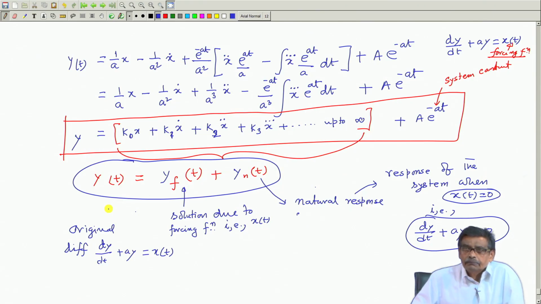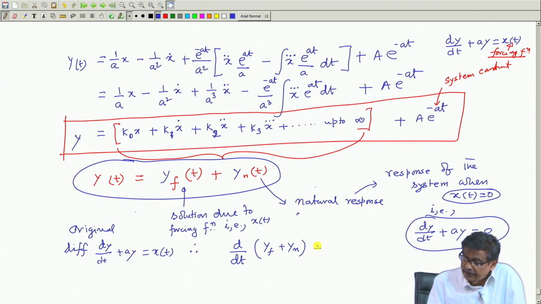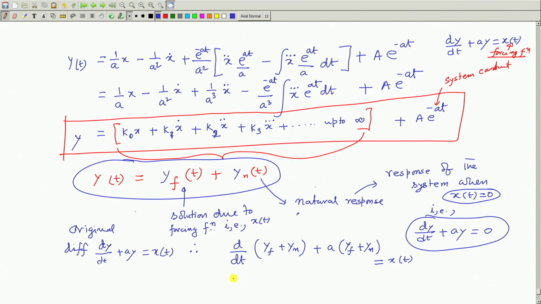Solution means that whatever solution you have got, if you put it here, it will satisfy that. First thing is, therefore, I expect that d dt of y f plus y n, plus a of y f plus y n, must give rise to x t, is not.